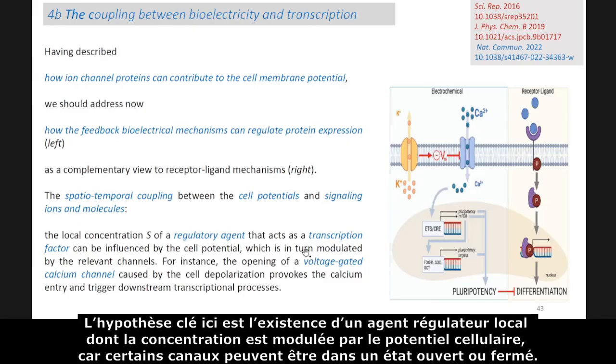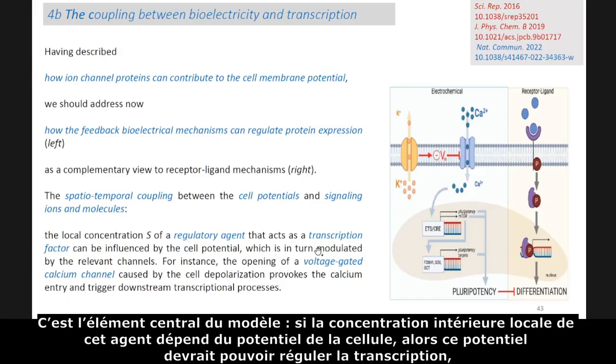The key assumption here is the existence of a local regulatory agent whose concentration is modulated by the cell potential, because the channel can be in an open state or a closed state.